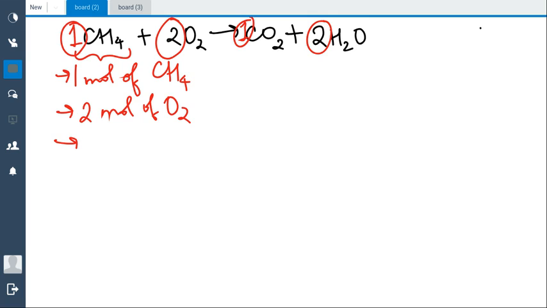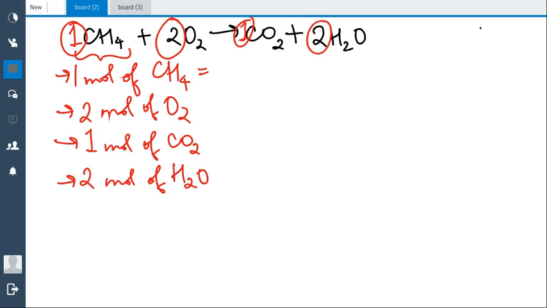Then I have 1 mole of CO2. And last, I have 2 moles of water. Now, I told you that we have to connect this 1 mole with molar mass.